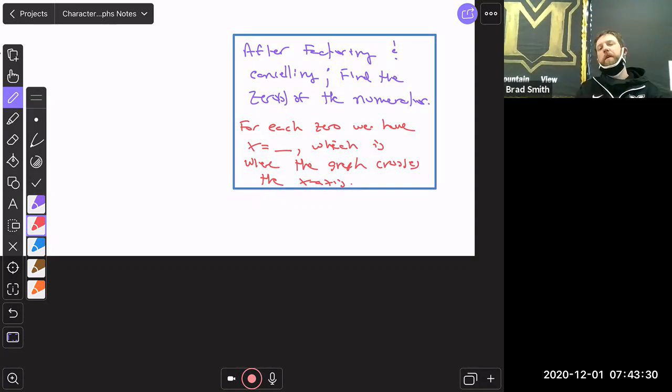So for each zero, we have x equals a number, and that is where the graph crosses the x-axis. So you can go ahead and try 10 and 11. Make sure the top's factored, the bottom's factored. This time we're just going to solve the top.